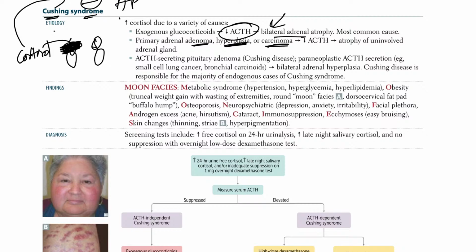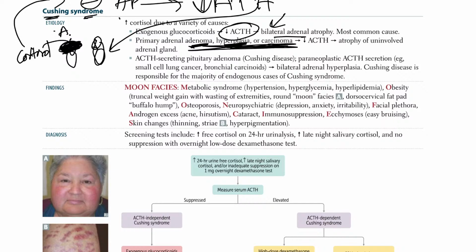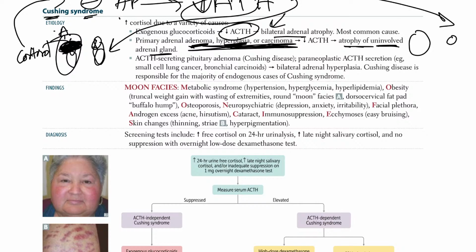And when you don't have ACTH, the other normal one will go into atrophy. But you have one which already has either adenoma, hyperplasia, carcinoma. These three wordings here, it is already enlarged. So you have atrophy of the uninvolved adrenal gland. So one is going to be enlarged and the other one, the one which is not involved, is small, because you're not getting ACTH from top.